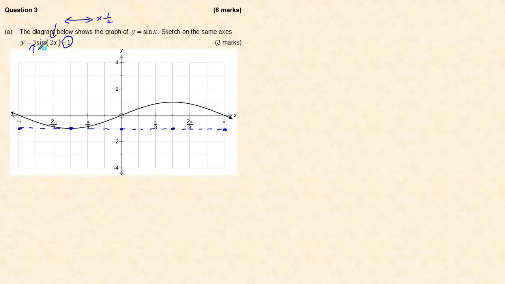And the 3 is a vertical dilation, scale factor 3. So in between these zeros, we're going to go up by 3, or we're going to go down by 3. Since this one's up, this one must be down.